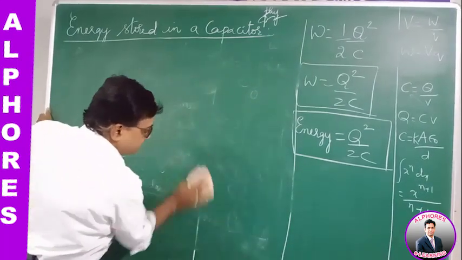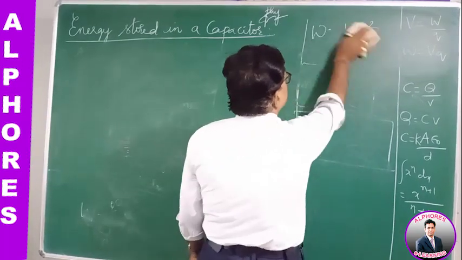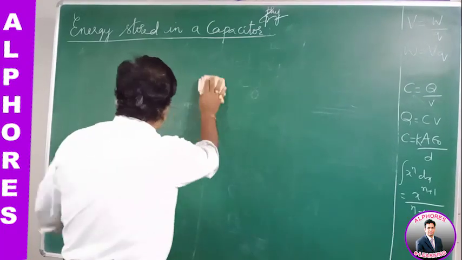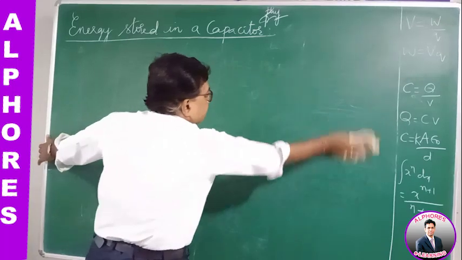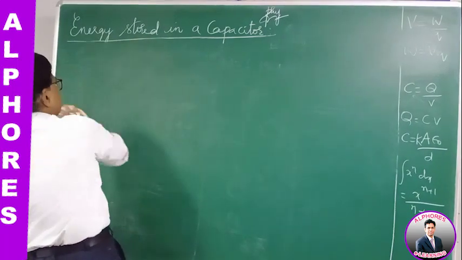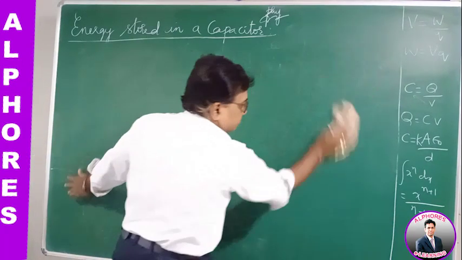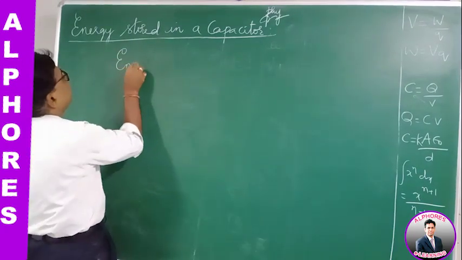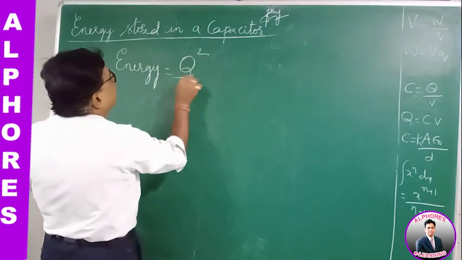Let me write down the things. So we got the energy stored in the capacitor: Q square by 2C.